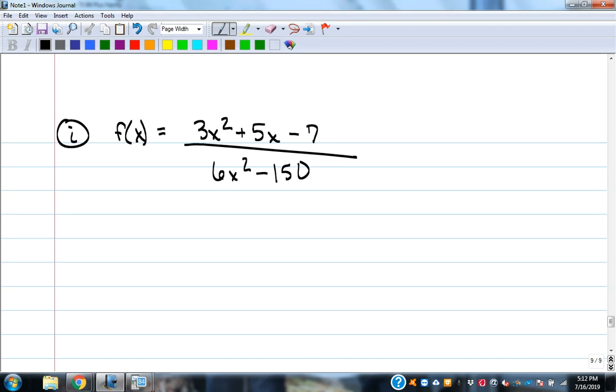Again, we're going to find the domain, the asymptotes, vertical, horizontal, or oblique, and then the intercepts of this problem.